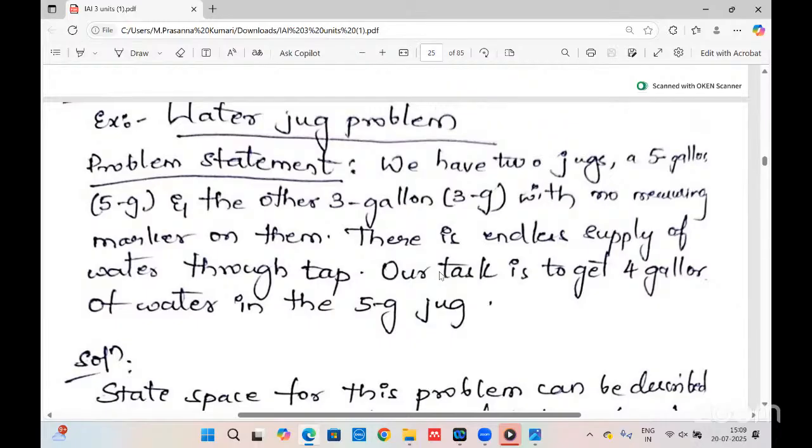For this you are having a program, so leave a place for it. So here the next problem in AI is the water jug problem.